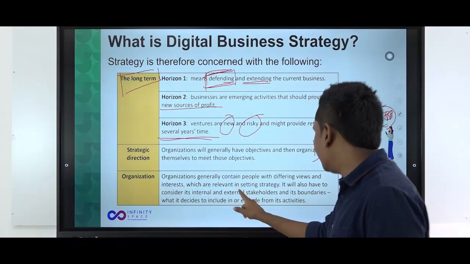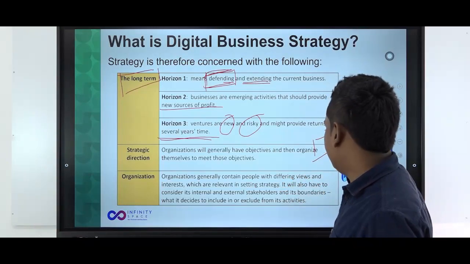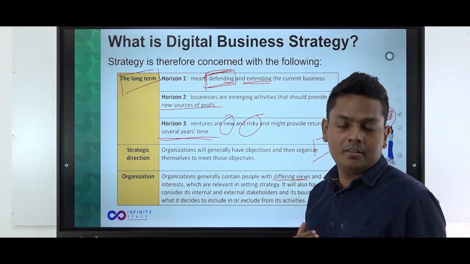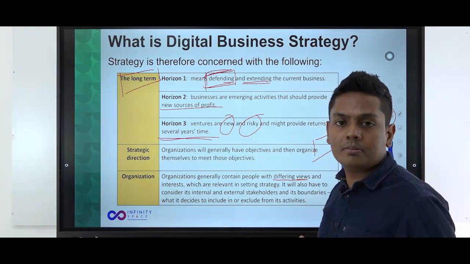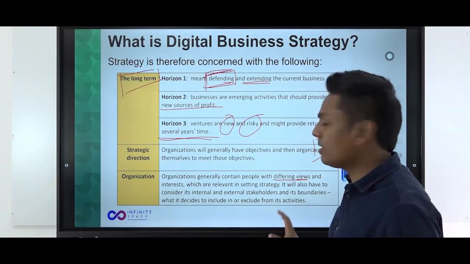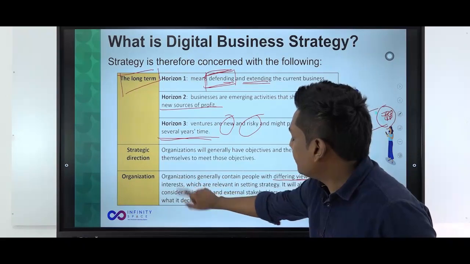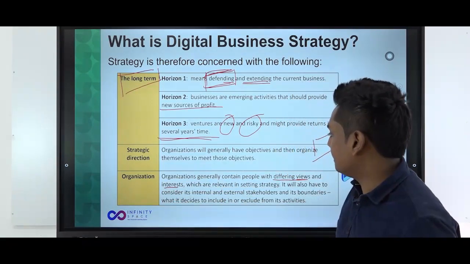When it comes to organizations, they generally contain people with differing views. My mindset is different to your mindset. You might be thinking in a different way than me or somebody else. We are not the same, right? So differing views and interests are relevant in setting strategy.